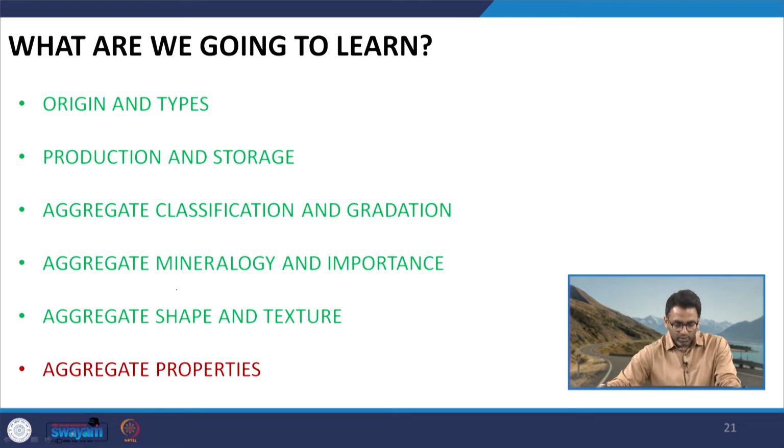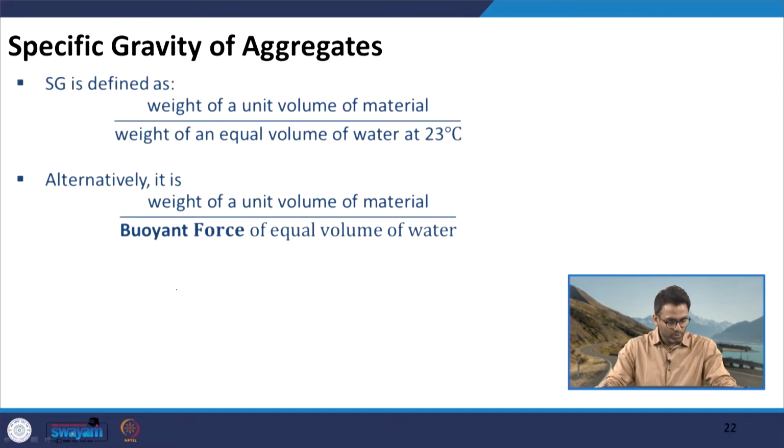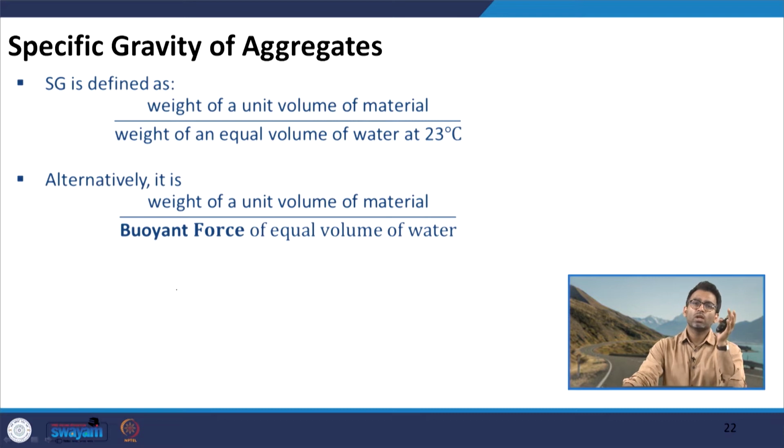So, let us continue discussing the aggregate properties, and today we will start with understanding the specific gravity of the aggregates. Now, this parameter is especially critical because this is one physical property which is directly used as an input in the mix design of bituminous mixtures as well as the mix design of concrete mixtures.